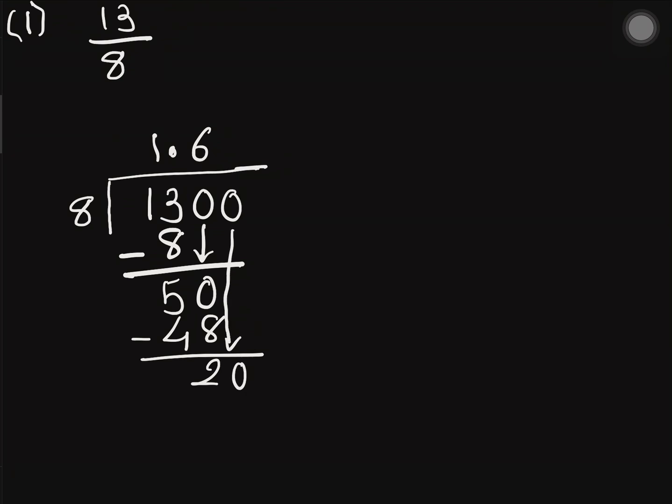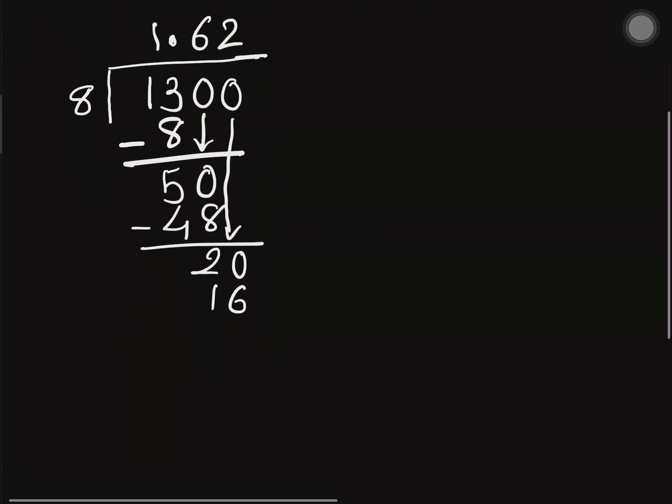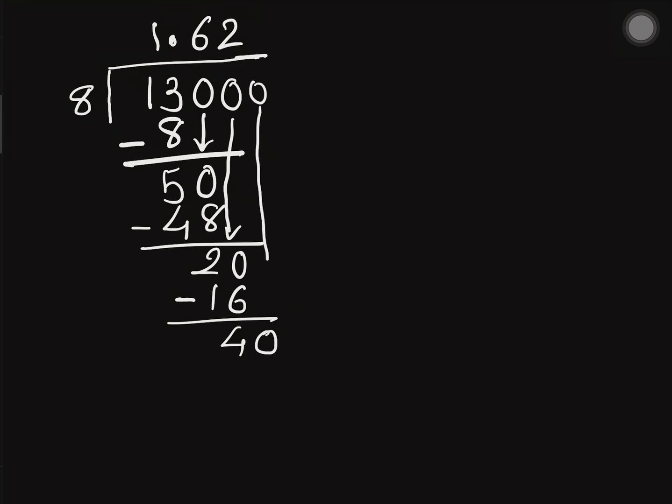Then again put 0. 8 twos are 16. Then 20 minus 16 is 4. Again put 0. 8 fives are 40. 40 minus 40 is 0.